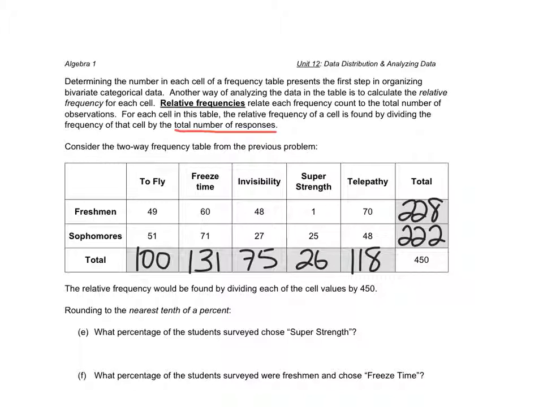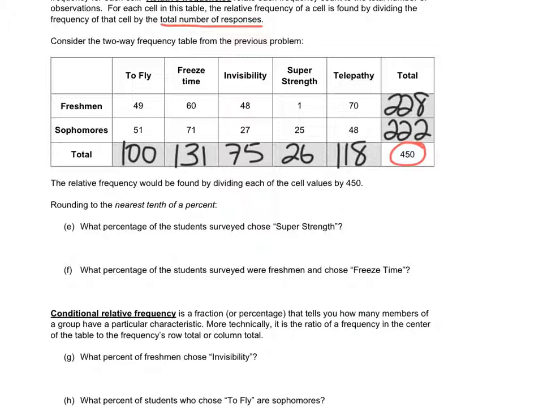So what you're doing when we're finding the relative frequency is you're taking whatever the condition is that we're working with, in this case super strength, and dividing it by the total number of values in the set. All right, there's 450 values. So what percentage chose super strength? Well, they didn't categorize it as freshmen or sophomores. They're talking about people in general. So 26 people chose super strength out of 450. All right, so nearest 1/10 of a percent is what we need there. So let me just get my calculator out.